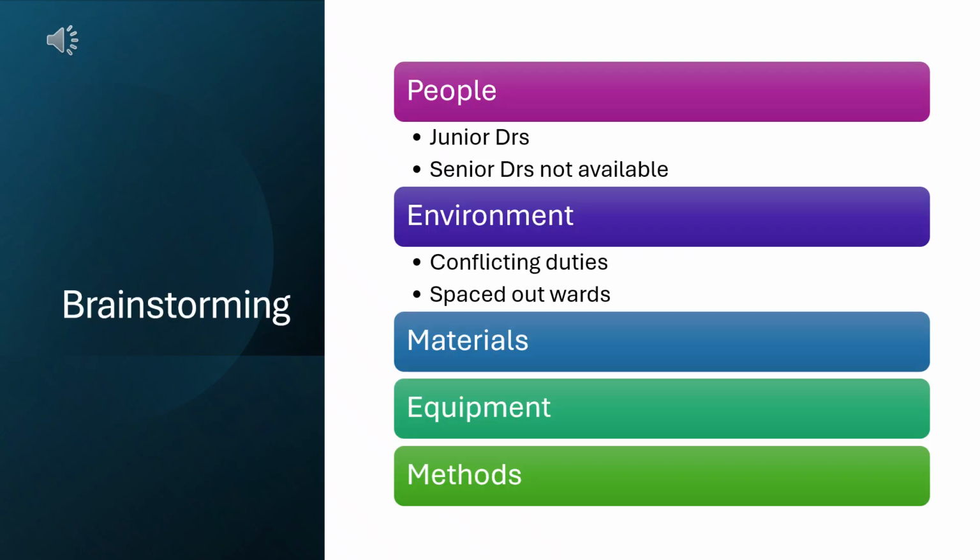Brainstorming involving major stakeholders identified major categories as people, environment, materials, equipment, and methods. Further drilling down and asking why led to identification of subcategories such as junior doctors, senior doctors not being available, conflicting duties, and spaced out wards.